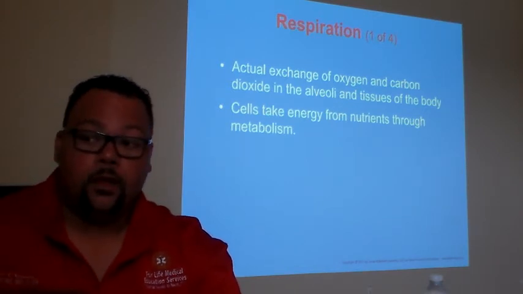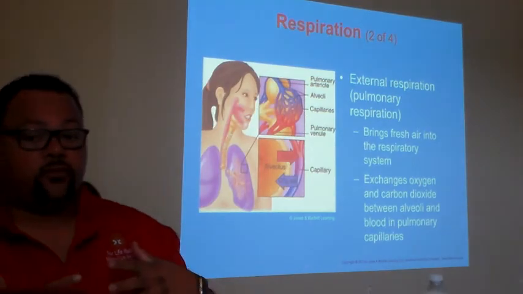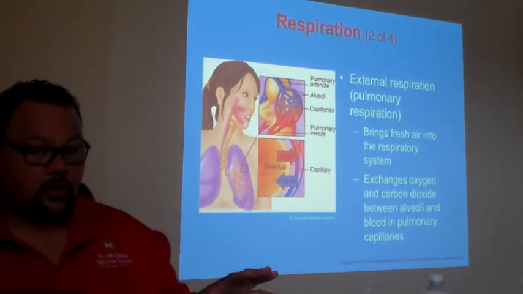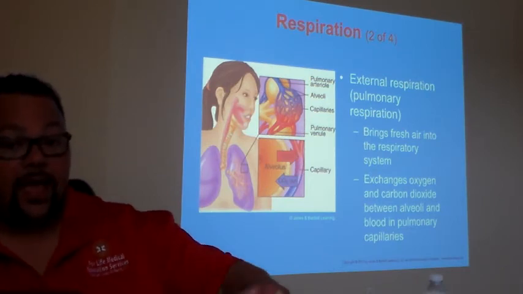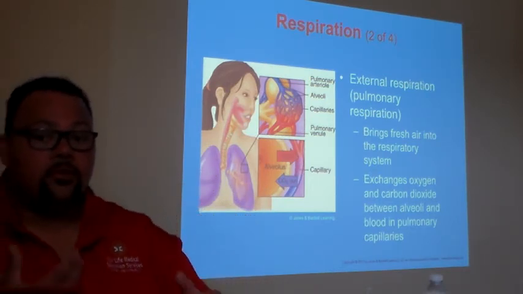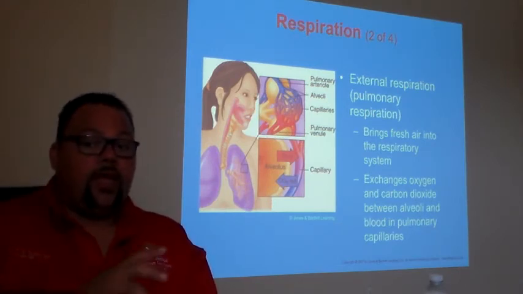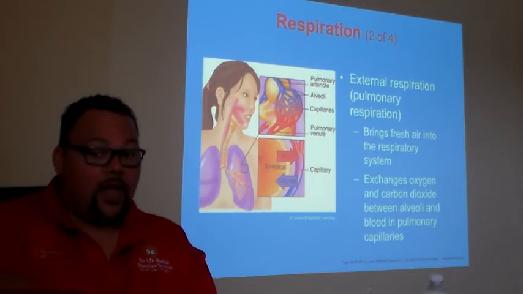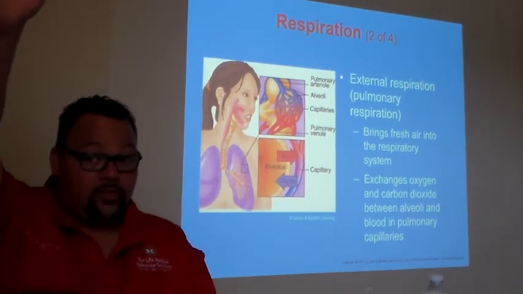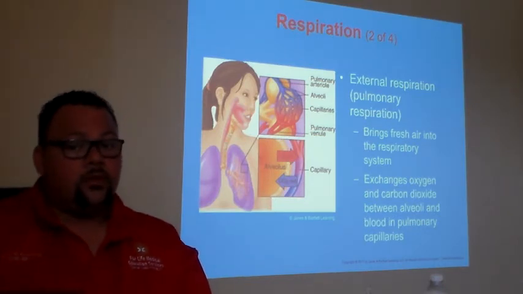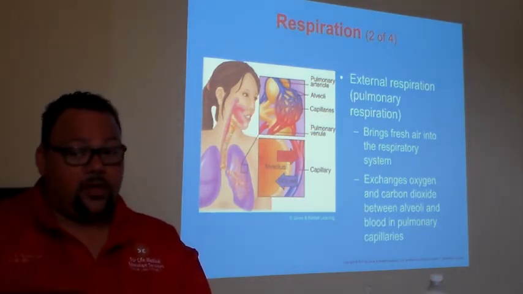Okay? So for external respiration, or what's referred to as pulmonary respiration, there's two different parts to this. External happens as air moves into the respiratory system, and this is at the alveolar level. This is carbon dioxide moving out and being breathed out, and oxygen actually moving on to the hemoglobin at the pulmonary capillaries.